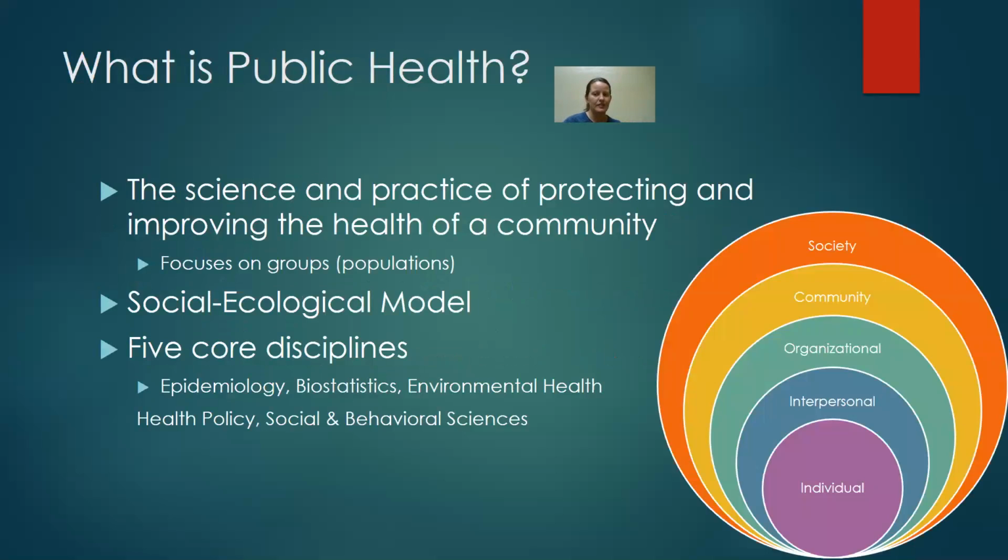So this could be individually focused efforts like getting people access to healthcare, but it would also be policy or society level efforts to make sure that options for healthcare are affordable and available, and then everything kind of in between. So within public health, there are 5 traditional core disciplines, one of which is epidemiology, and the others are listed there.